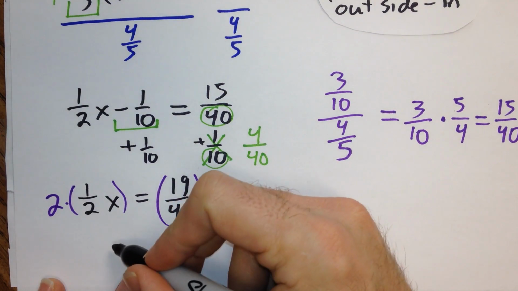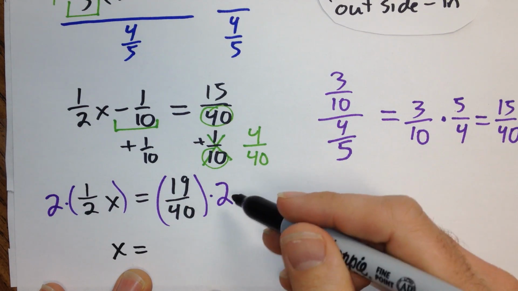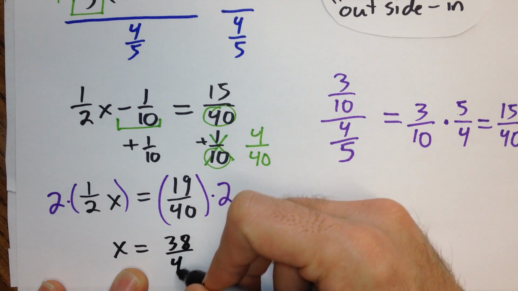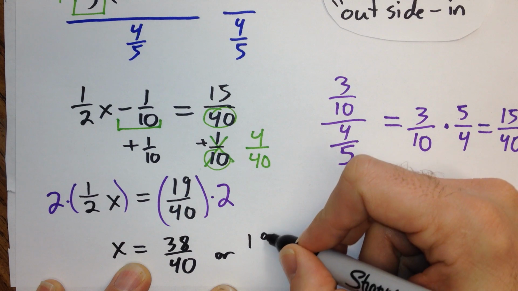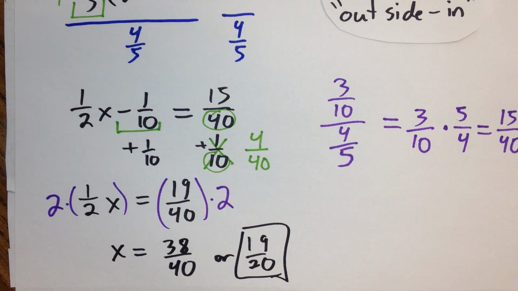So that gives me x on the left. On the right, I can multiply 19 by 2, which gives me 38. 38 over 40, or if I want to reduce it, this is the same as 19 over 20. 19 over 20 is a little bit prettier answer. We usually like things reduced, but they're the same number, just different representations of it.